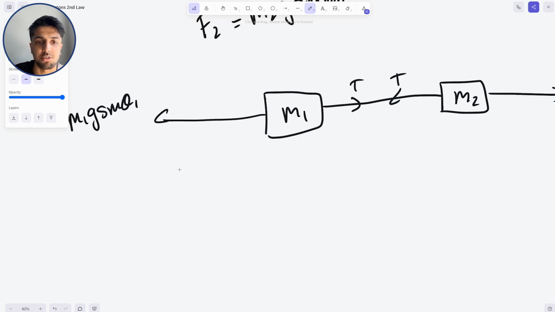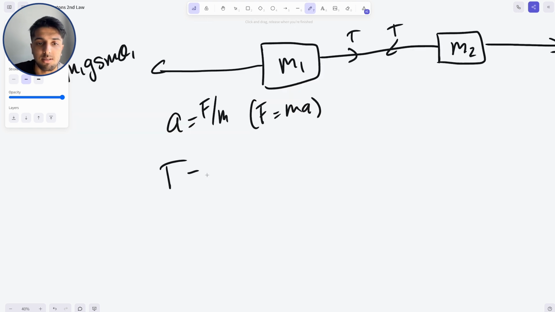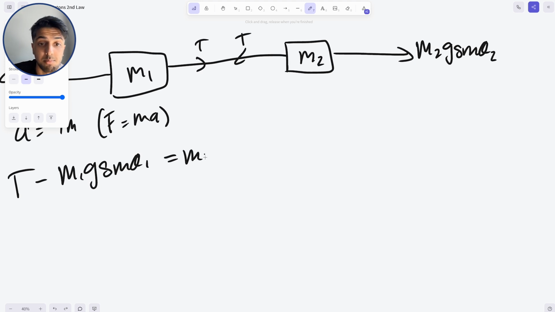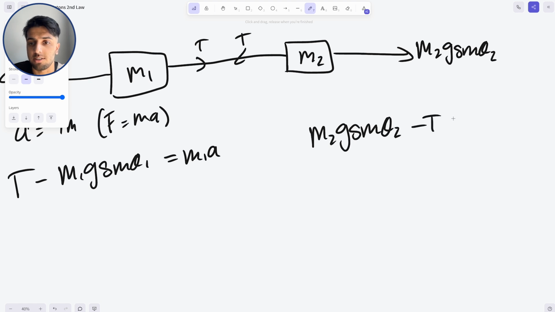And so again, using Newton's second law, which is A is equal to F over M, and therefore F is equal to MA, we can say that T minus m1G sine theta 1 is equal to m1A, and therefore m2G sine theta 2 minus T is equal to m2A.